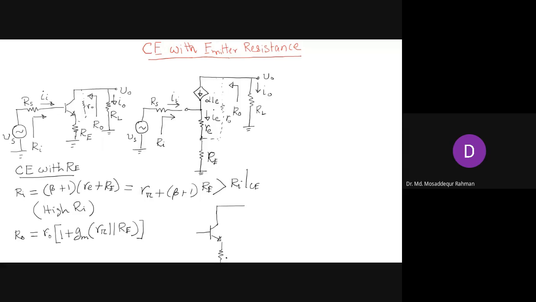And now in the common emitter with emitter resistance, we have resistance RE in the emitter. So when we have this configuration, looking from the collector side, the output resistance will be given by this expression: the small r naught times this factor, which is 1 plus gm times the parallel combination of R pi and RE.